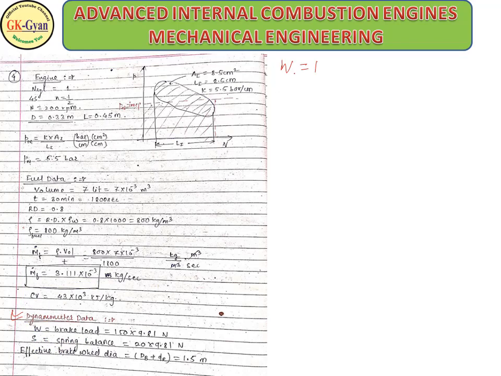So extract the dynamometer data. The W brake load is given as 150 kg. So converted into Newton, it is 150 into 9.81 Newton.